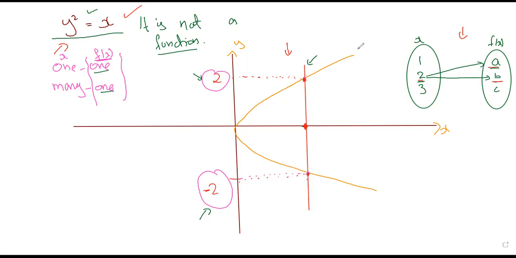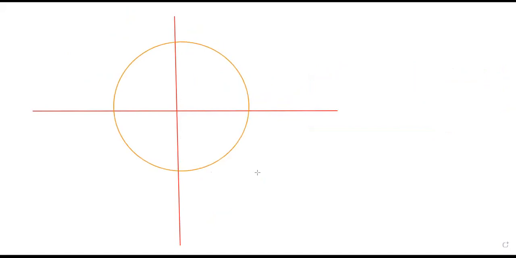I'll give you another example. Let me just clear this. Obviously our focus is going to be on functions, but there could be a 1 mark question where they ask you to tell if the relation is a function or not. What if this is a graph of a circle, and you have been asked to tell if it is a function or not?